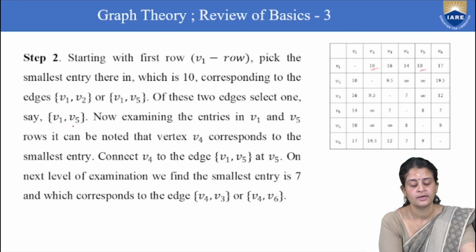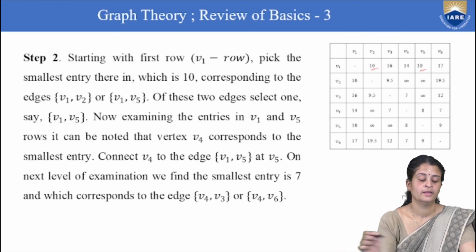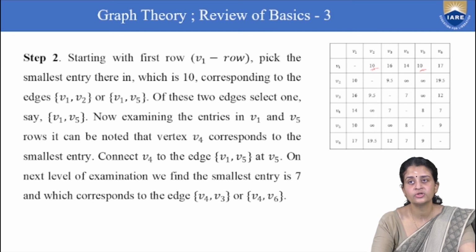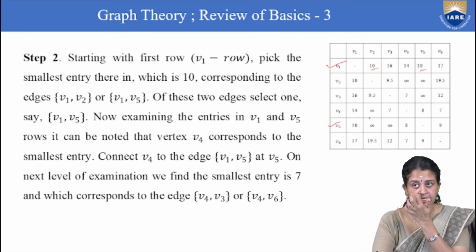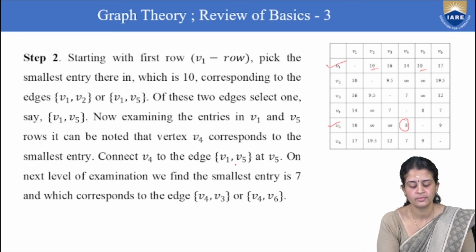You can draw V1, V2 and continue the process. Now I am going to examine the rows V1 and V5. The least entry occurs at 8, which corresponds to V4, so I connect V4 and V5.